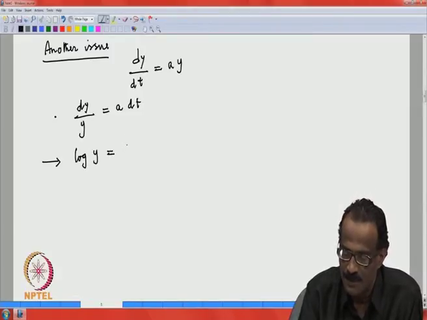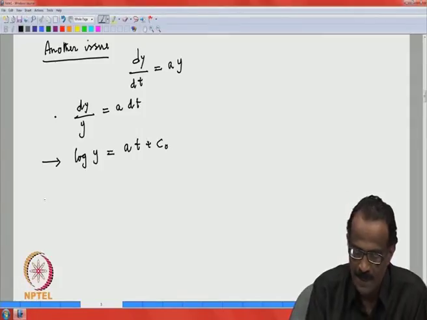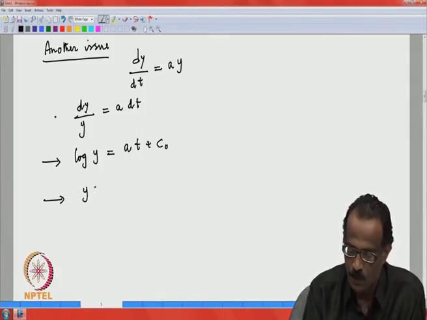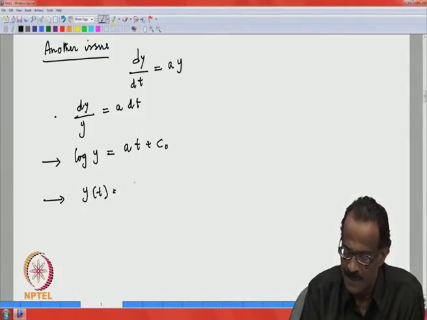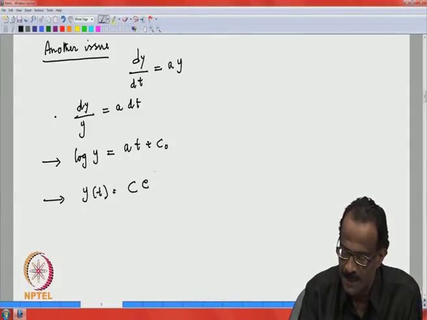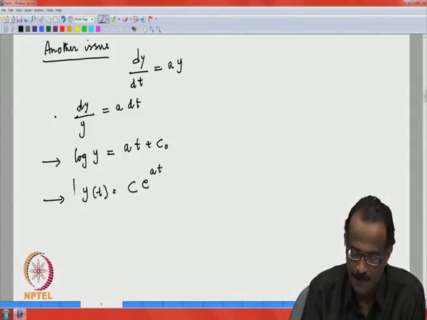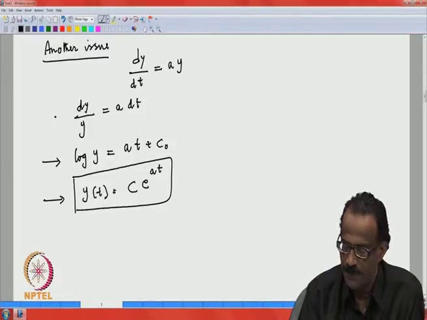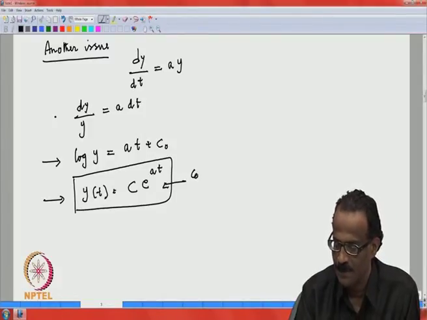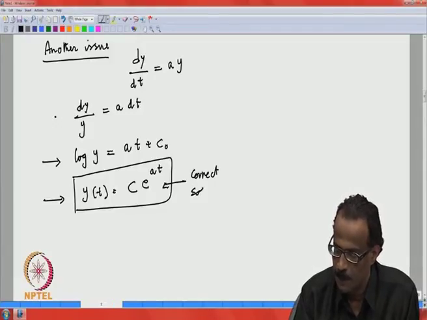Log y is equal to at plus C naught, and then eventually you will write y of t is equal to some arbitrary constant into e power a t. Fortunately, you get the correct solution, no problem.